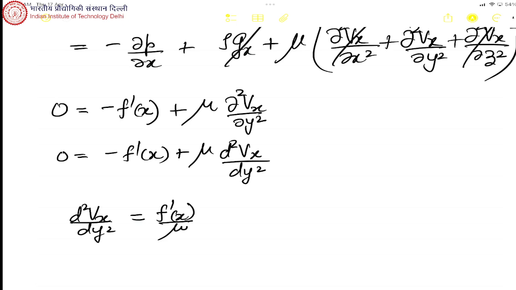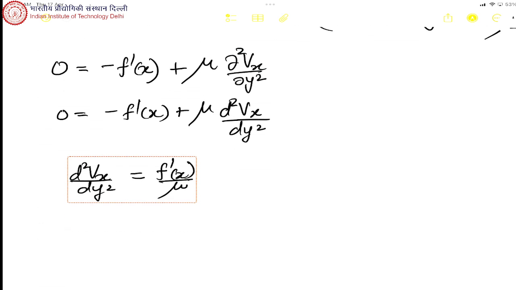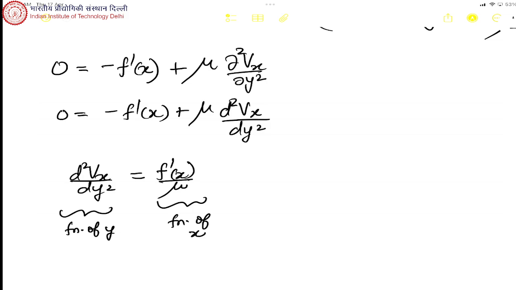Now, left hand side is only a function of y. Right hand side is only a function of x. So when can that happen? So when this is a constant. See, this is a function of y, right hand side is a function of x.